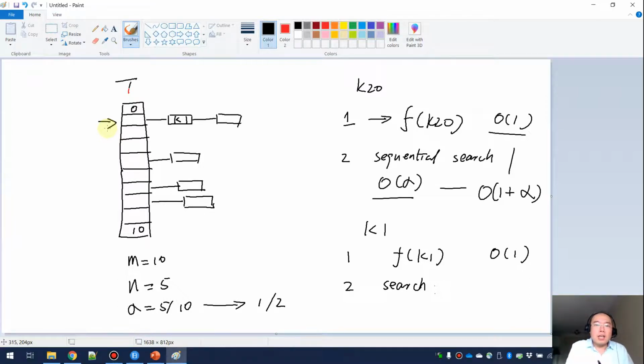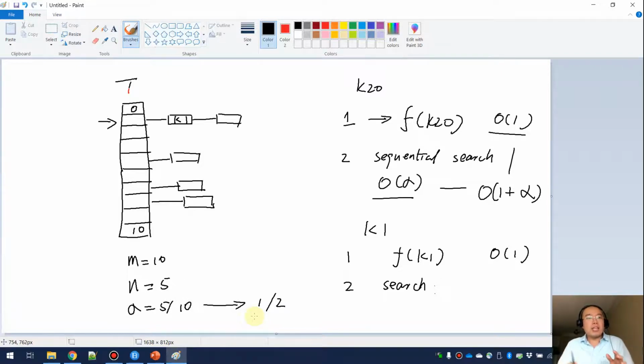If we are lucky, this is the first one. If we are unlucky, that is the second one, right? And for this list, we know the expected length is alpha. So the K1 we are looking for has to be somewhere in the current linked list. And if we take the average case, we only need to search half of the linked list before we can find that.